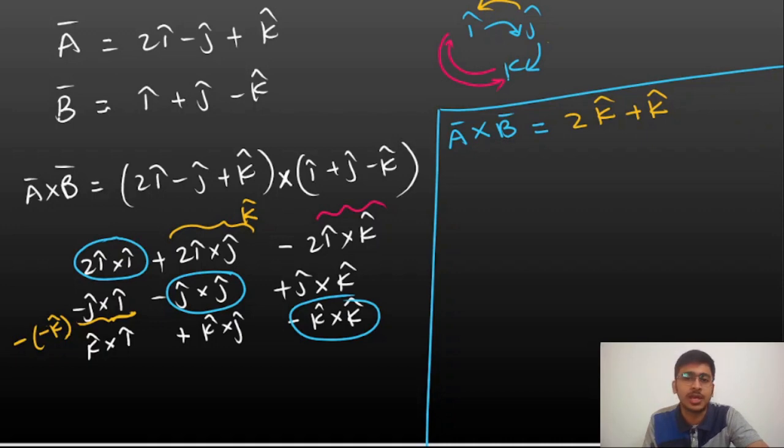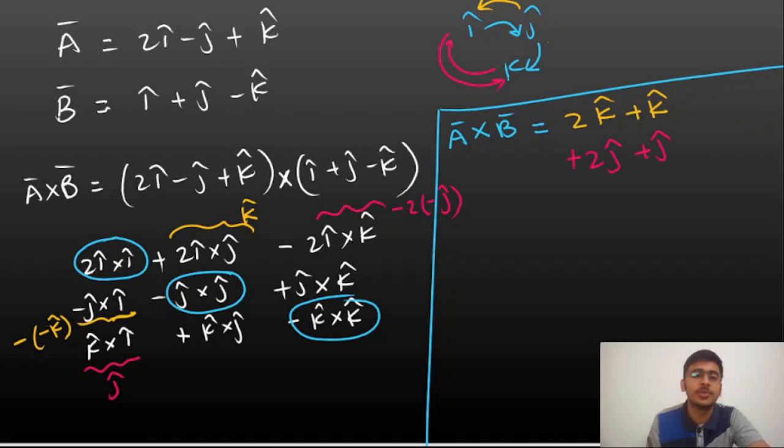So k cap cross i cap will give me j cap. This thing is minus 2 times minus j cap, so I'll write down plus 2j cap plus j cap.